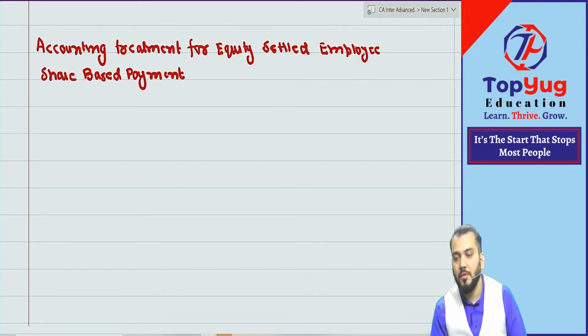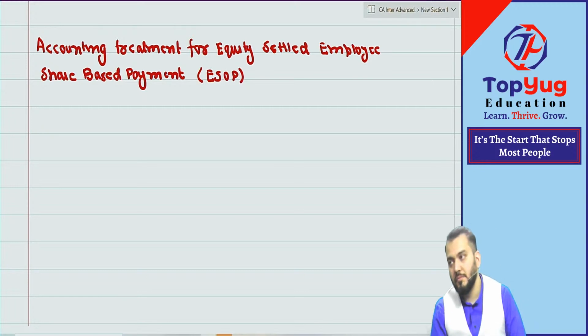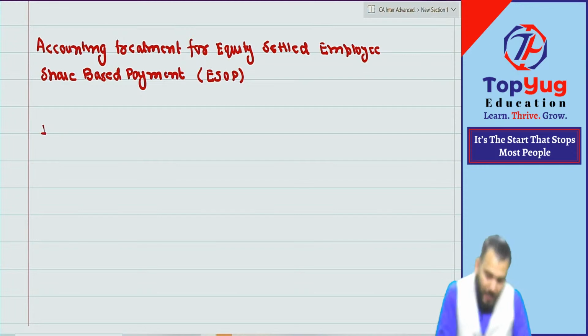Correct? Got it? Means we are discussing about ESOP, employee stock option plan.